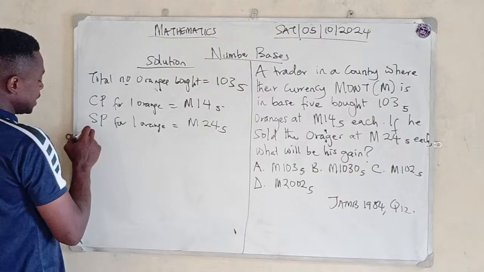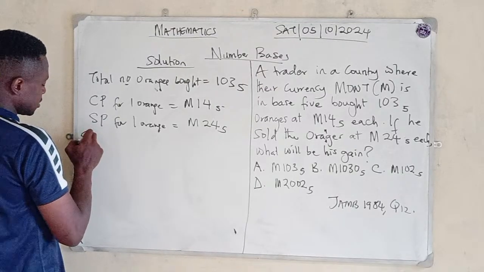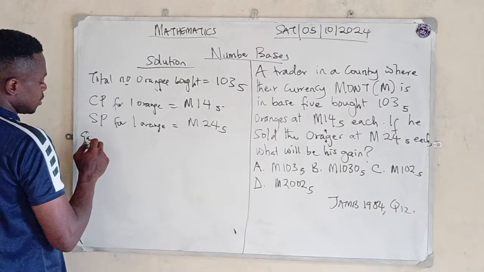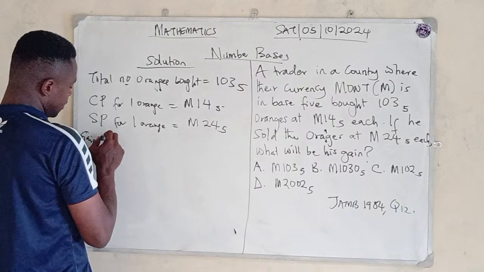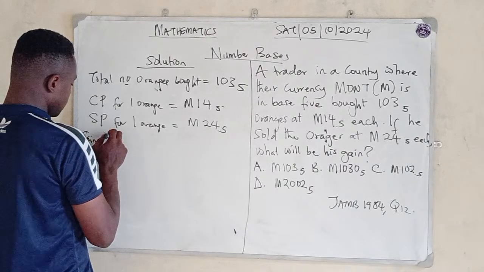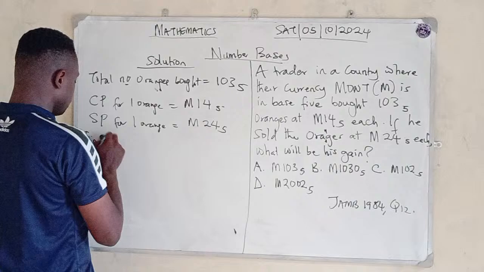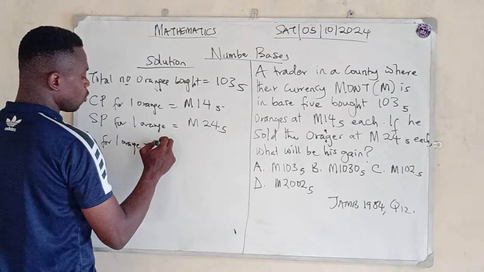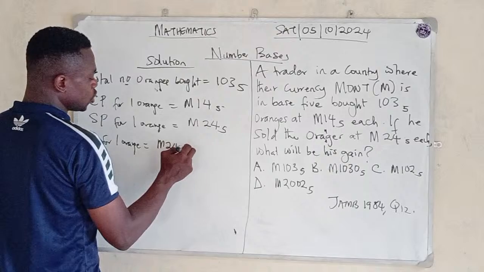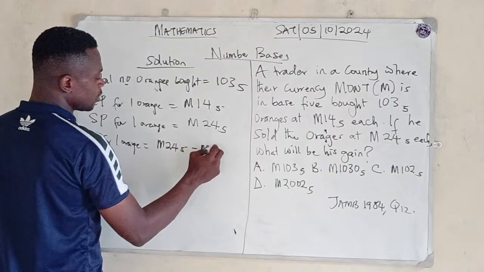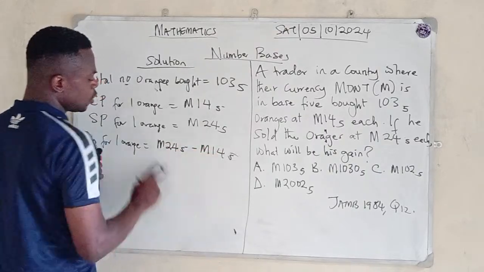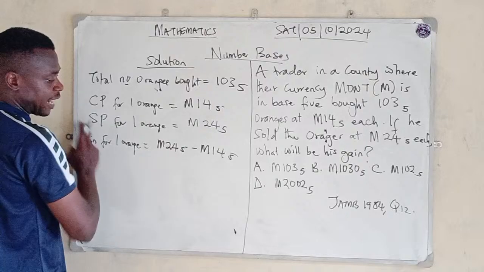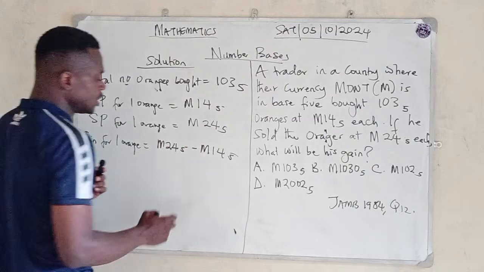Then the gain or profits for one orange is equal to what? M24 to base 5 minus M14 to base 5. We keep them by the size and do this subtraction.